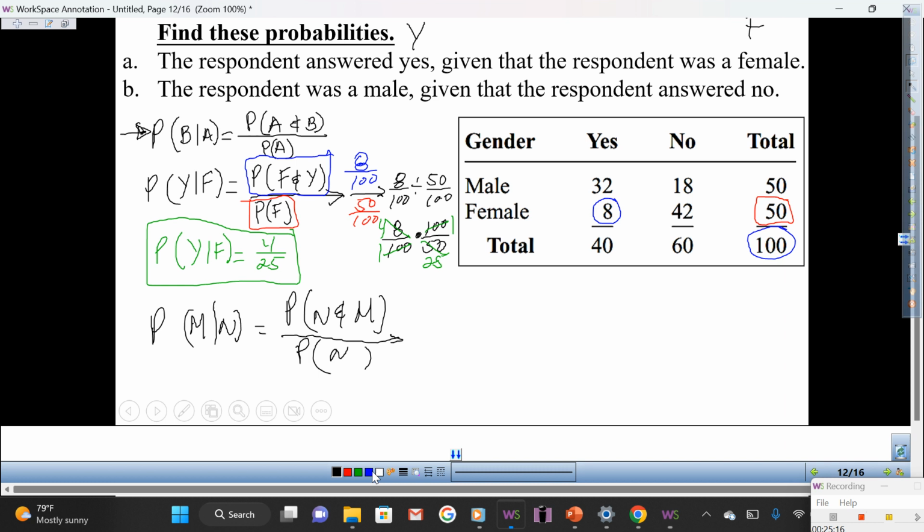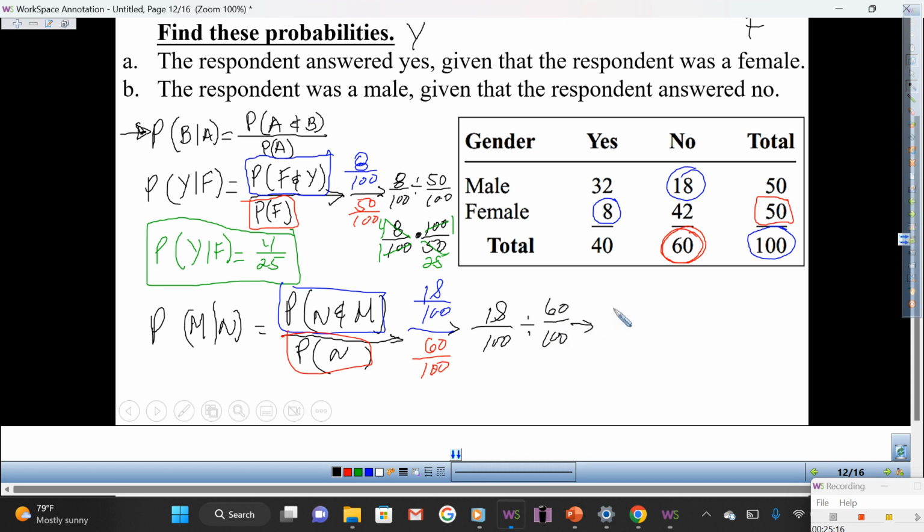So, the top in blue, N and M, is what? 18 out of 100. Denominator, no, is what? 60 out of 100, yes. So therefore, this becomes 18 over 100 divided by 60 over 100.